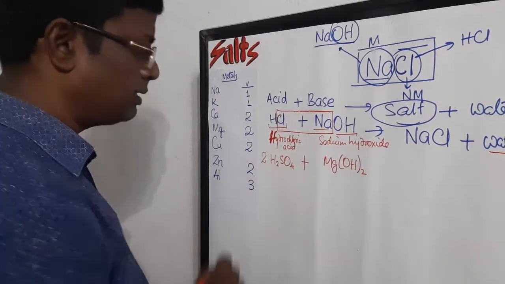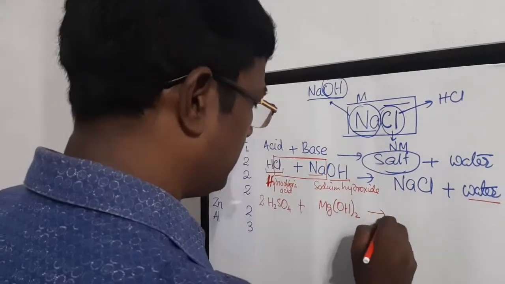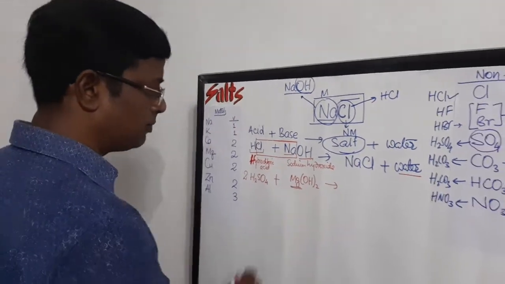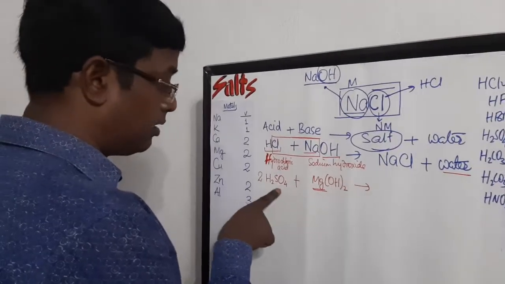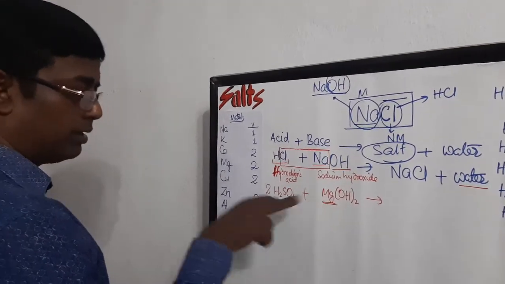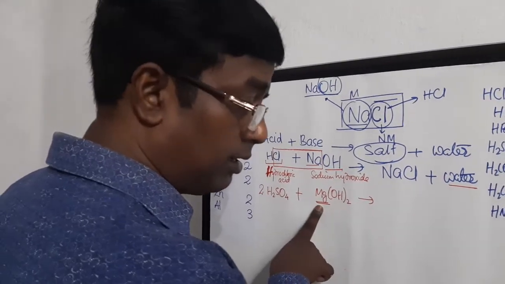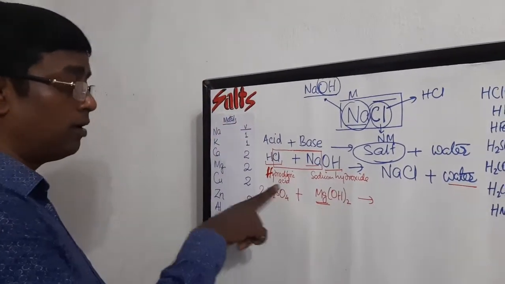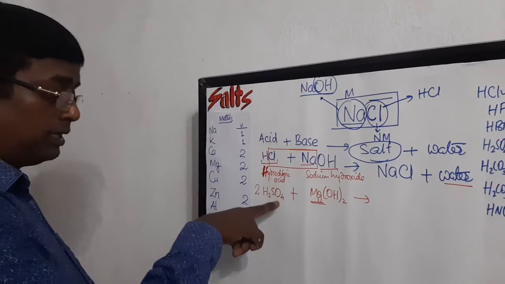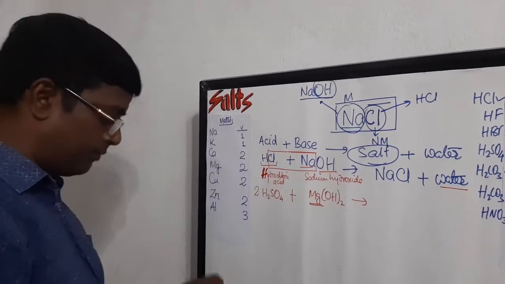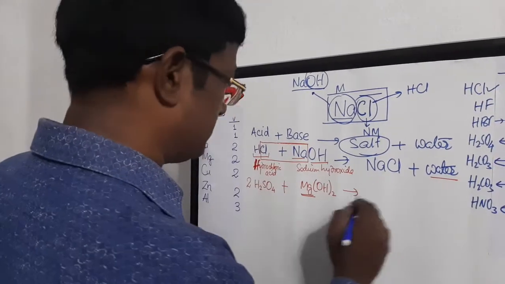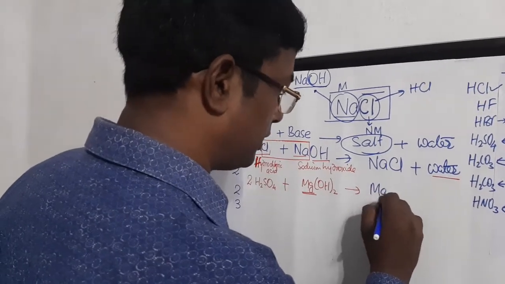Here the balancing part is 2. Then the magnesium will combine with the negative anion part of the acid. The positively charged metal ion of the base always combines with the negative anion, that is the anion part of the acid, the sulfate ion. Here you get magnesium sulfate.